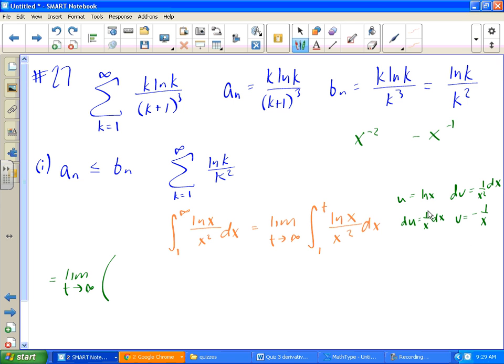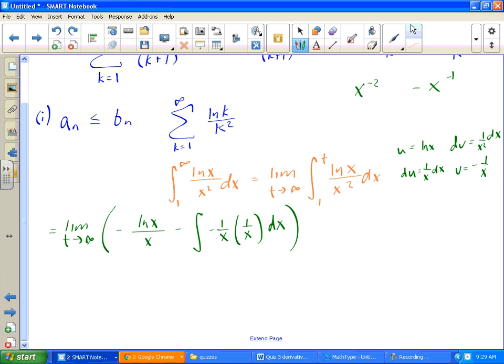And I take u times v, which is negative natural log x over x, minus the integral of v, which is negative 1 over x, du, which is 1 over x dx. That making sense? And from here we should be able to finish it, so now I'm feeling a little more hopeful.